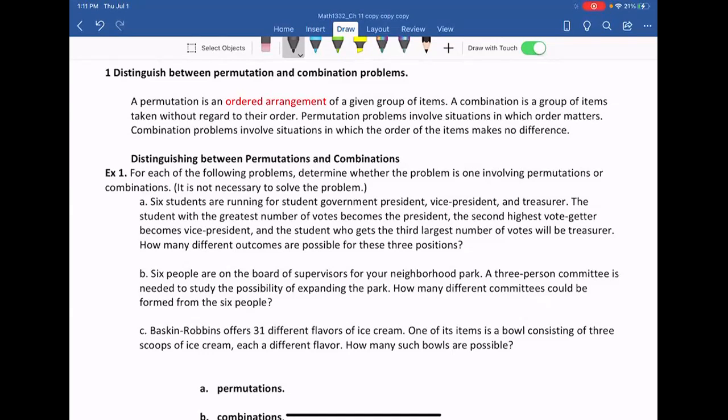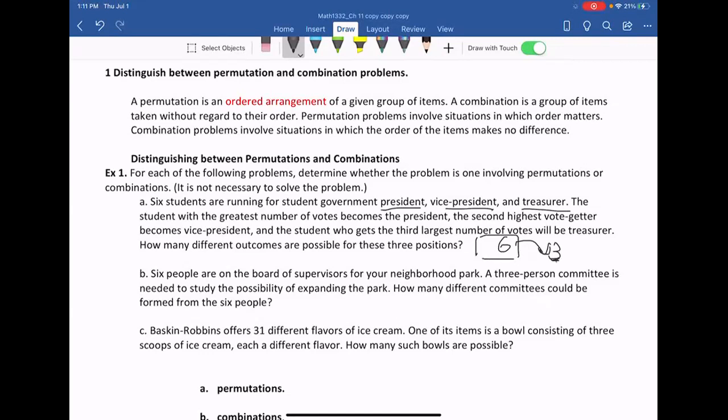What's the meaning of this? There are 6 students. You choose 3 from 6, and then the 3 need to be ordered because there are 3 positions for these 3 selected people: president, vice president, and treasurer. So this one is a permutation because order matters.